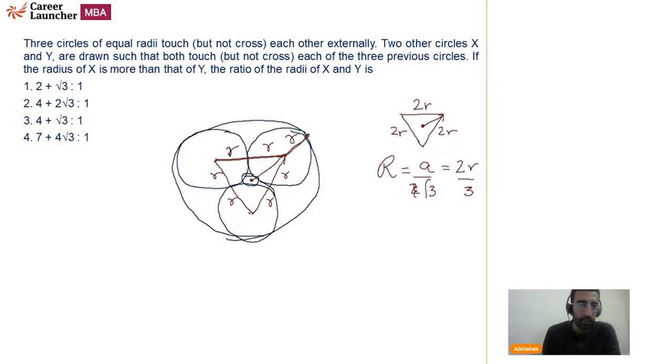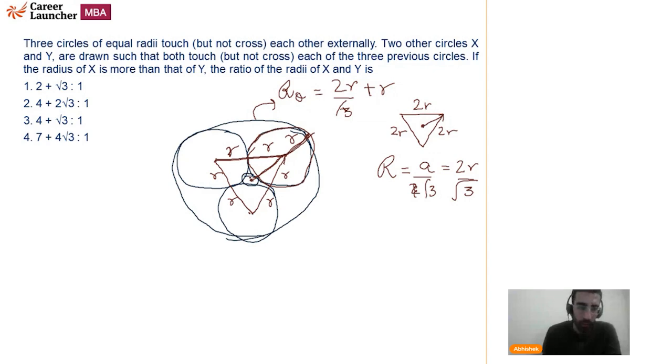This is essentially the radius of this circle. Great. So my outer circle radius, let me call that r, this much plus r: 2r by root 3 plus r.